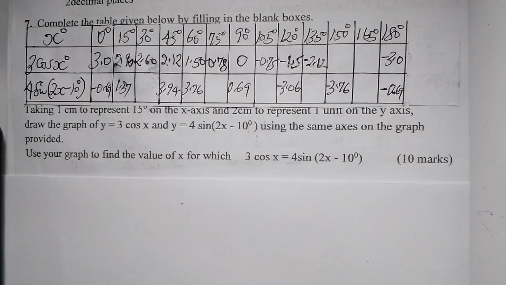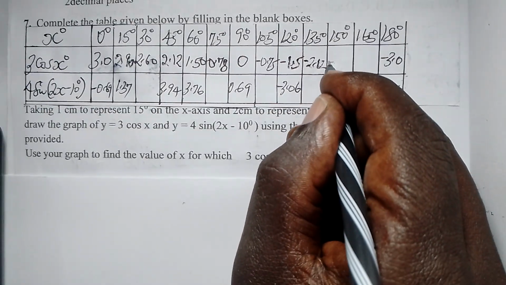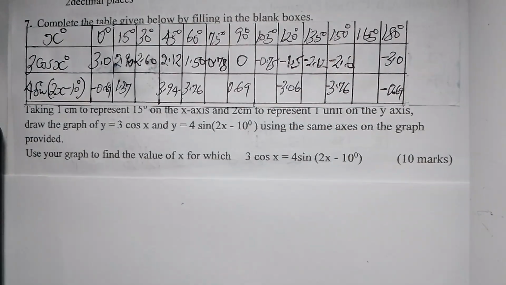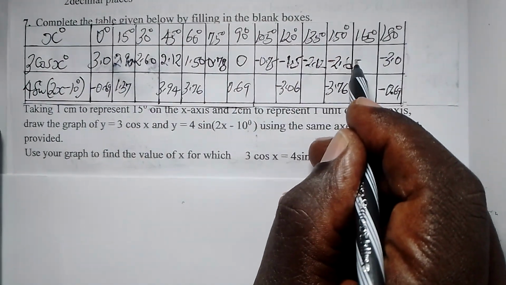3 times cos 150, negative 2.6. 3 times cos 165, negative 2.9.